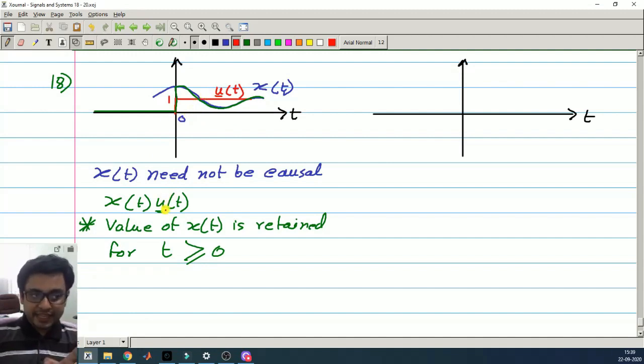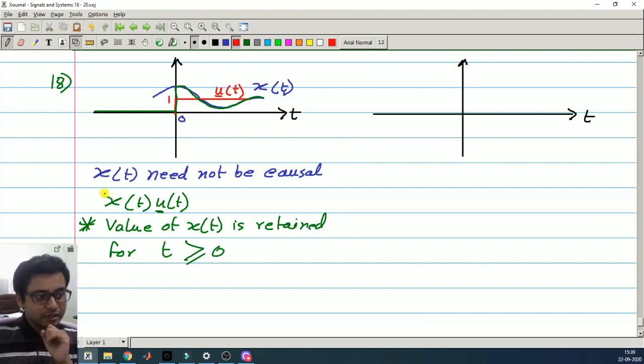In textbooks you will find we write only u(t) without any bar or minus. This special symbol I am putting at least for today, so that you remember the fact that the value at 0 is also considered.